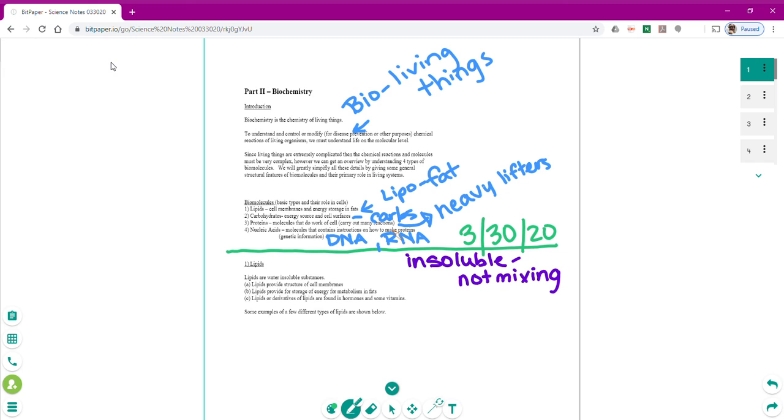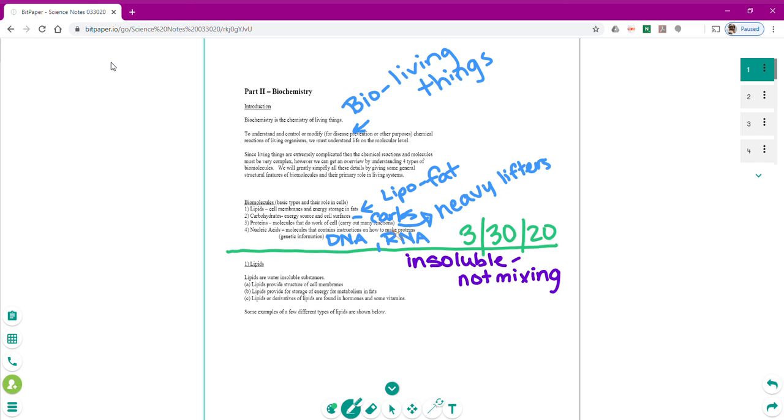What does oil not mix with? Well, it doesn't mix with water, and the reason is because of its chemical structure. So it will interact and mix with organic solvents. It just will not work with such a polar solvent as water.